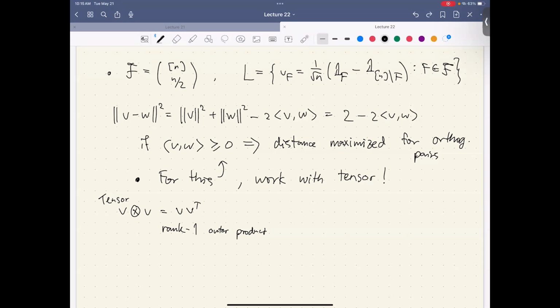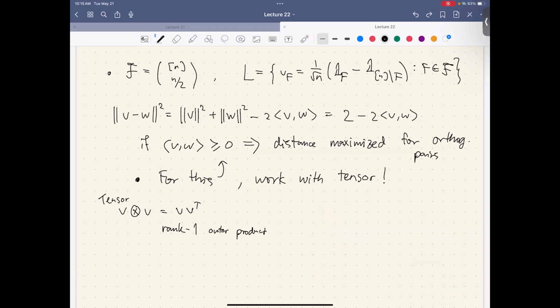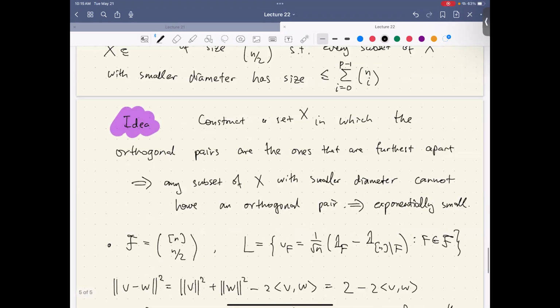If you have a column vector times its transpose, which is a row vector, you get a square matrix. And now we're going to treat this rank 1 square matrix as a vector which has n squared entries, a length n squared vector in R^(n squared). So this is the missing part.